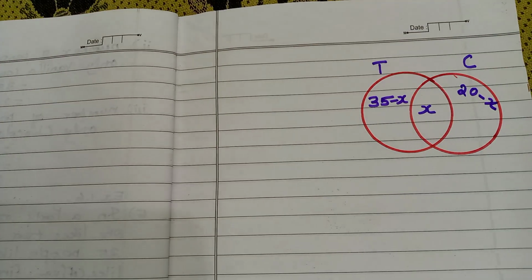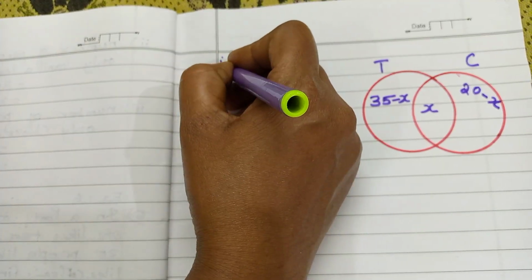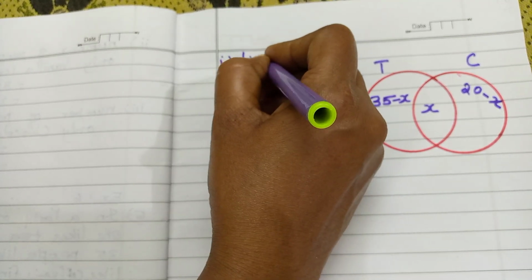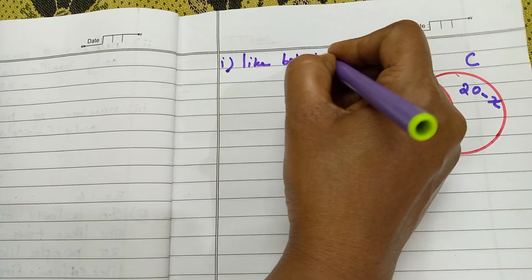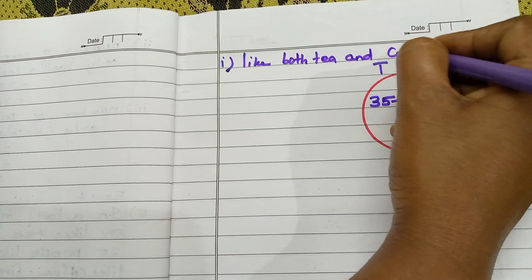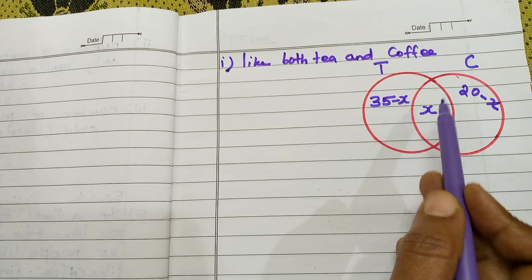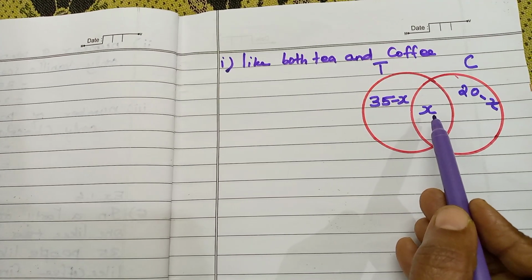Now by Venn diagram, the first question is people who like both tea and coffee. Very simple. Let us take X, since both tea and coffee means this intersection part. X we have to find out.